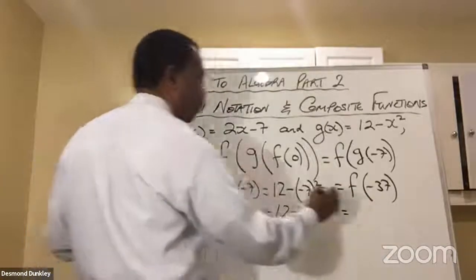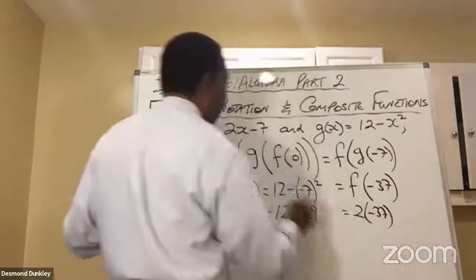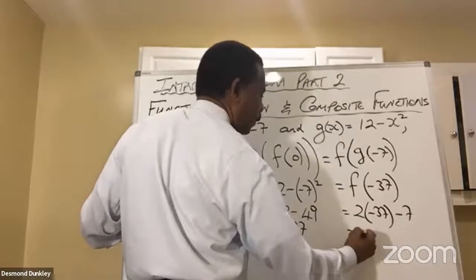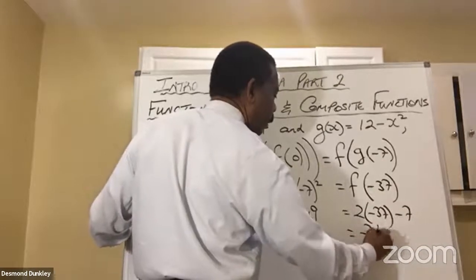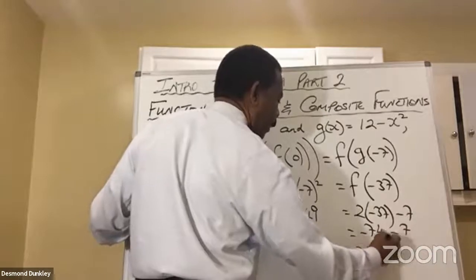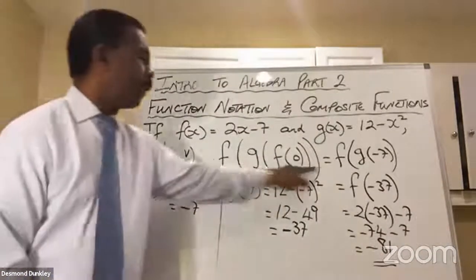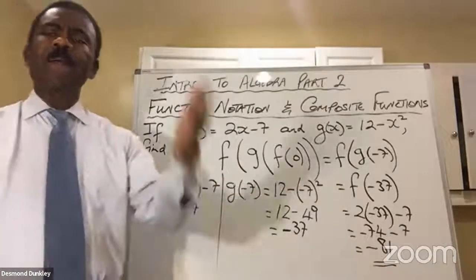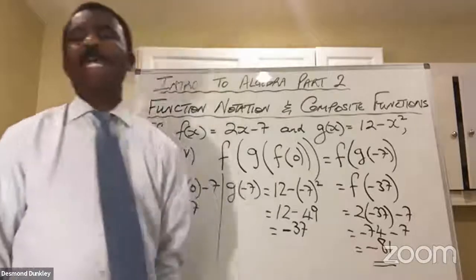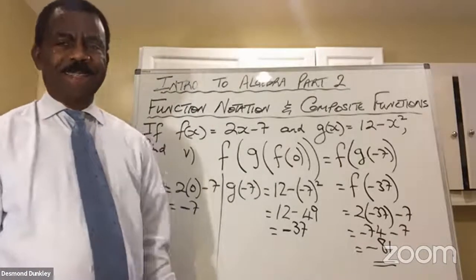It's going to be equal to 2 times -37 minus 7, equal to -74 minus 7, equal to -81. So this ugly expression here eventually simplified to be equal to -81. How cool is that? Pretty cool.